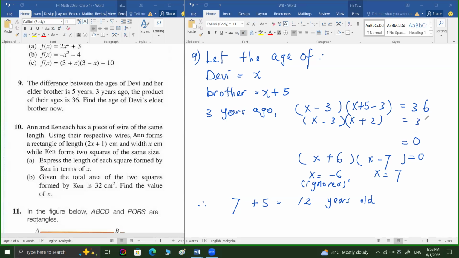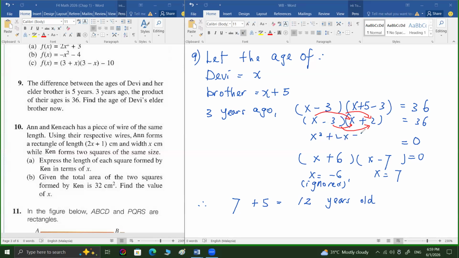So it's 36, right? Expand, you have forgotten? You have learned this one a lot, right? Do you remember how to expand? This kind, look at this. Don't forget. Okay, x and x, x squared. x and 2, 2x.